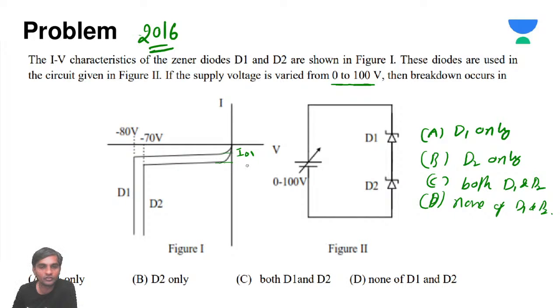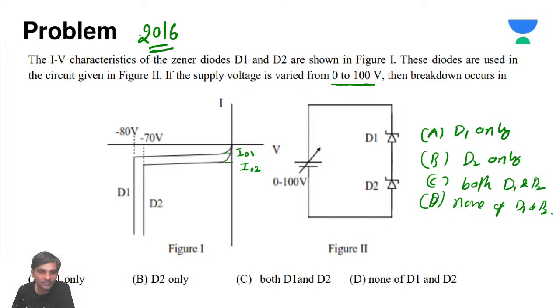This current is going to be I02, the reverse saturation current of D2. Which current is higher here, I02 or I01? I01 is the low value, I02 is the high value, right?